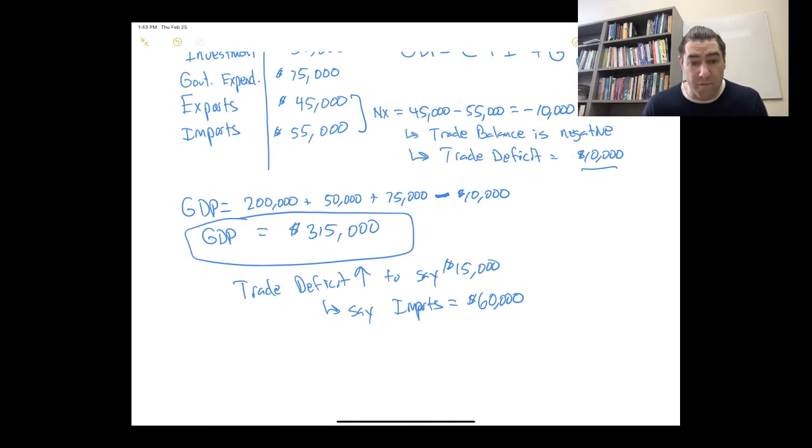That was an increase of 5,000, right? Okay, so if the trade deficit goes up by 5,000, GDP has to go down by that amount, right? So if I plug in this new value of imports, everything else stays the same, I'll see GDP goes down by 5,000 because the trade deficit went up.